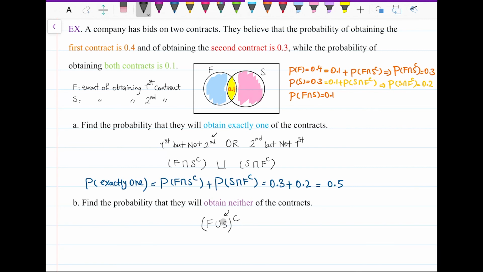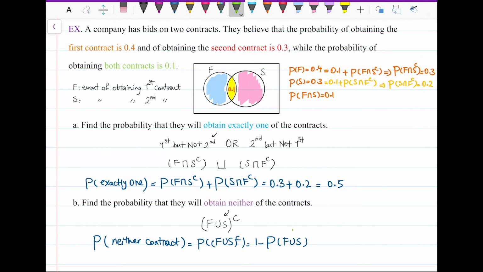So probability of that is equal to what? Let me write this. Probability of neither contract is equal to probability of F union S complement, which is 1 minus probability of F union S, right? So what is this one?